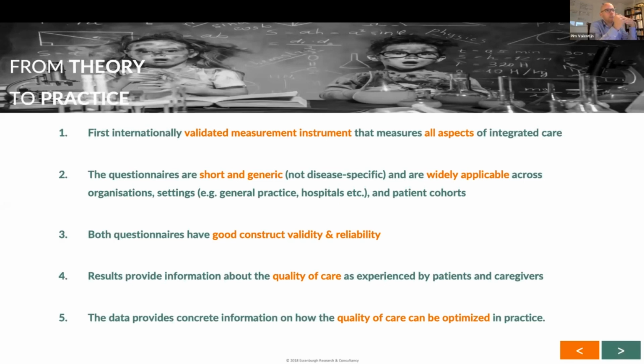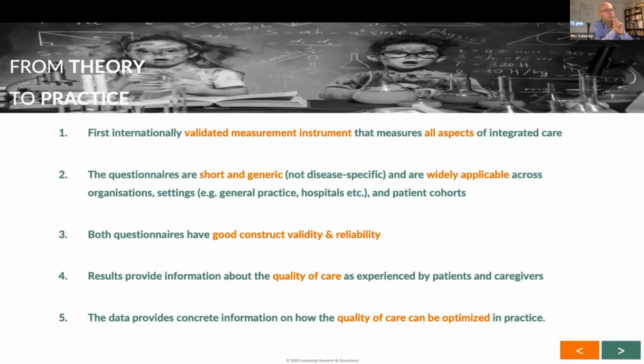And I see a lot of projects which don't use these kinds of measures, which weakens your approach by the end of the day. And they provide information, as you saw in the different graphs, that gives you some insight in the quality of care and how patients experience it. And I think this is fundamental to start your improvement approach, because you need to know what a patient is thinking about the coordination or discoordination of their care.